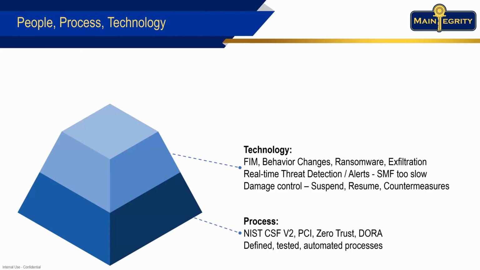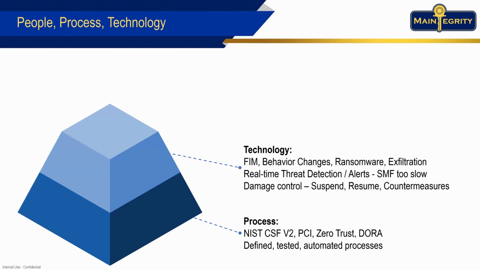So the other pieces that we put in place are real-time threat detection and real-time alerts. But since people are slow to respond, we need to stop the damage. It's kind of like going to the hospital. When you're bleeding, the first thing they do is they stop the bleeding, and then they ask you who shot you.